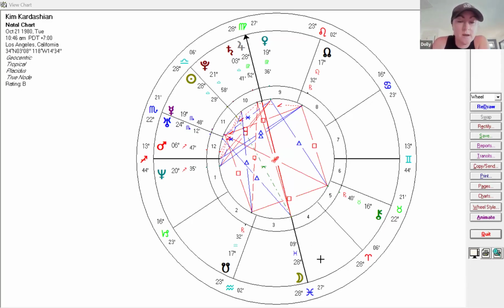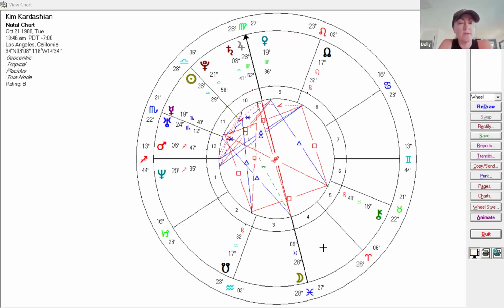So 9 and 10 degrees Aries is going to be in her fourth house. The fourth house is all about family. It's about children. It's about your roots. It can also be about your home.